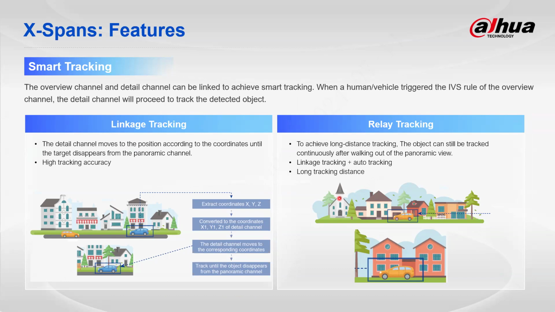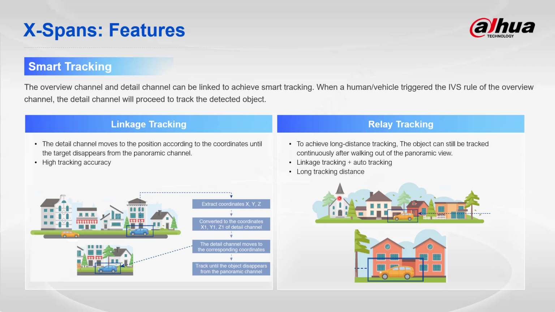When a human or vehicle triggers the IVS rules of the overview channel, the detail channel will proceed to track the detected objects. Remember that the overview channel is the bullet at the top, and the detail channel is the PTZ that's going to focus on those particular areas.